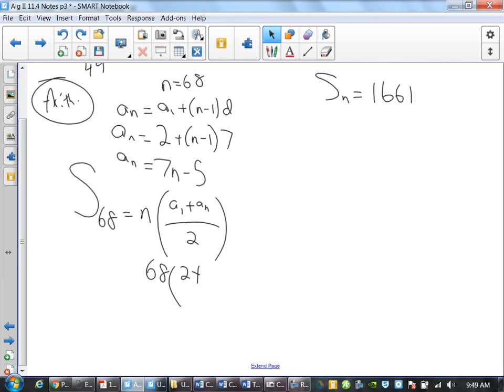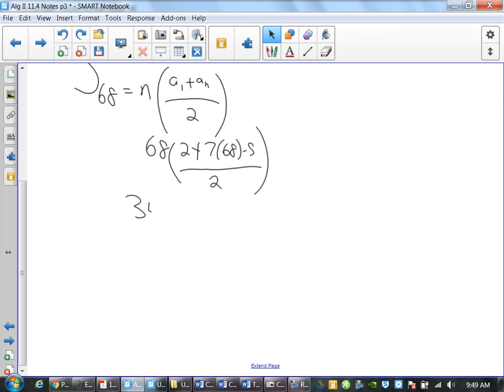A couple ways you can go about doing this. You can just substitute in 68 into your nth rule and throw it in the numerator if you want, or find it separately and write it down. It doesn't make a big deal, it works the same. So whatever this is.